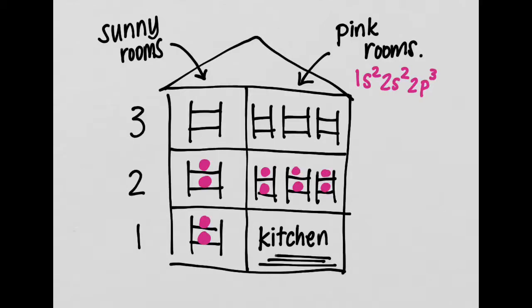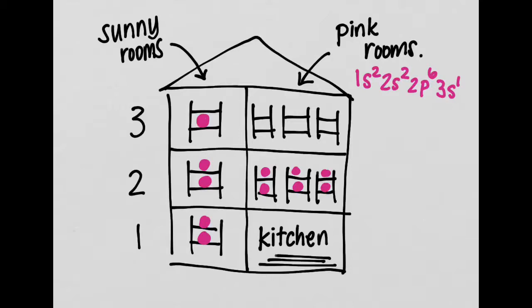Then I fill up my top bunks of my bunk beds, and that's 1, 2, 3, and I always start with my sunny rooms. What's this code going to be? Pause it and find out. It's going to be 2P6, 3S1.